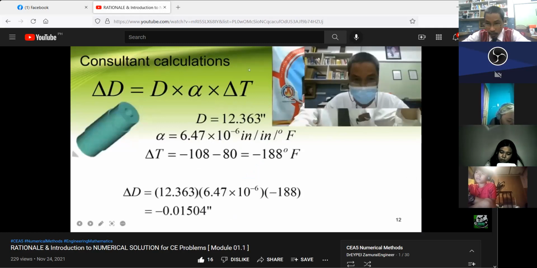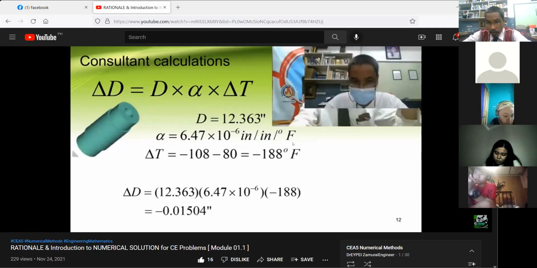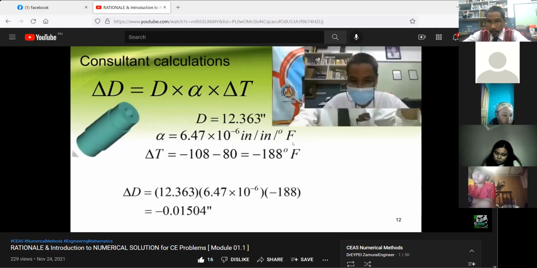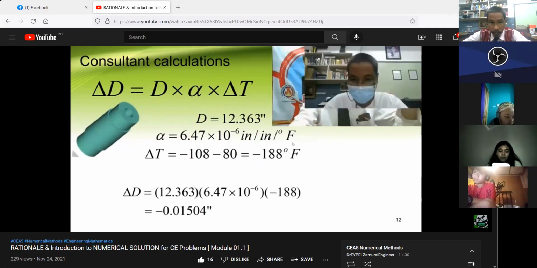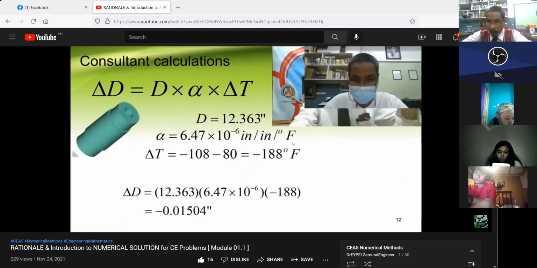That is the purpose of this trunnion, to be connected to the other parts in a manner that it could easily be rotated. If the trunnion cannot connect to the other parts in such a manner, it will only add up to our problem because it cannot rotate. The function of the trunnion is for the other piece to be rotated, and if it's not rotating, then it is a problem.